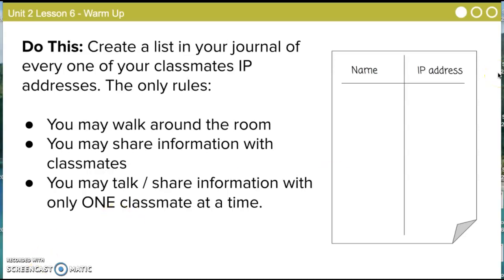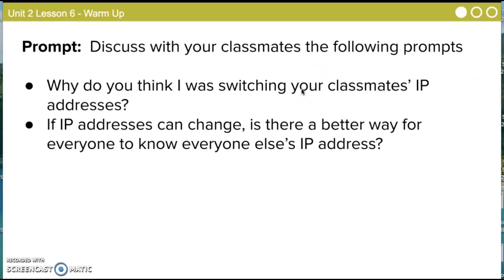As you followed through with this activity, you'll remember that I was switching your IP addresses as you were going around the room. And what I want you to try and think about is, why was I switching those IP addresses? And if the IP addresses can change, is there a better way for everyone to know everyone else's IP address?